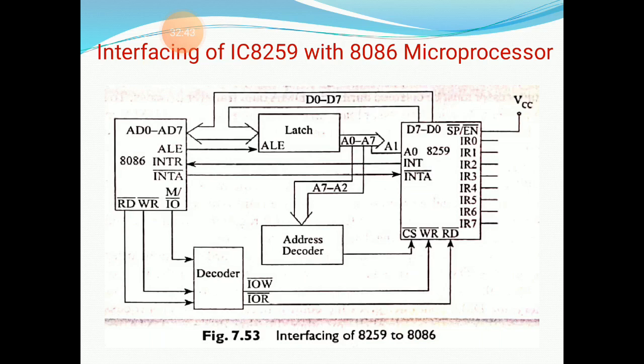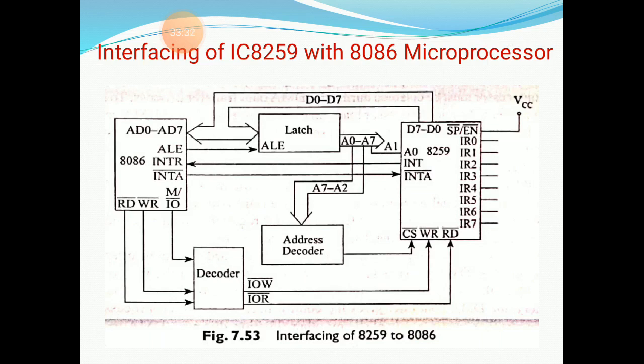Here the 8259 IC consists of 8 request lines IR0 to IR7, and 8 data lines connected to the data lines of the microprocessor. The INT signal of the 8259 is connected to the INTR signal of the 8086 microprocessor, and INTA bar of the 8259 is connected to INTA bar of the microprocessor. The multiplexed lower order address and data lines are separated by using the ALE signal, and the data lines are directly connected to the data lines of the 8259. Among the address lines, A1 of the microprocessor is connected to A0, and the remaining A2 to A7 address lines are given to the address decoder.